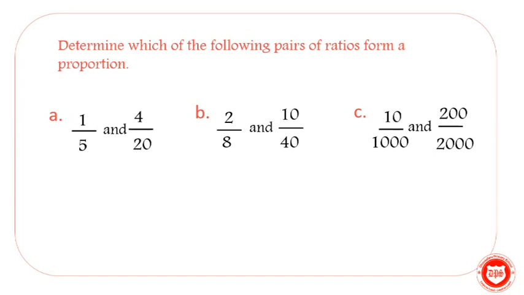Yes, this one is incorrect because 10 into 20 will be 200, but 1000 into 20 will not be 2000. It will be 20,000. So this answer is incorrect. So what are the correct pairs here? The pairs A and B.